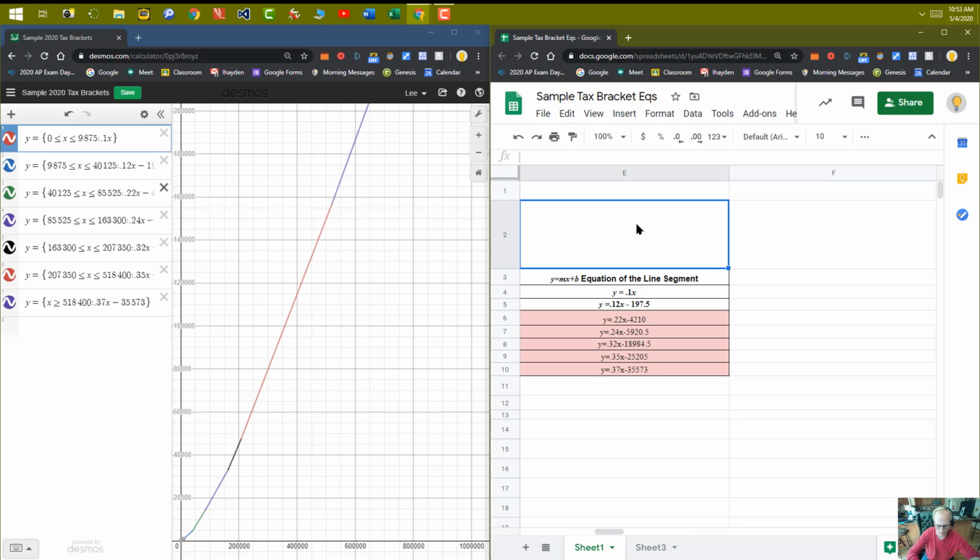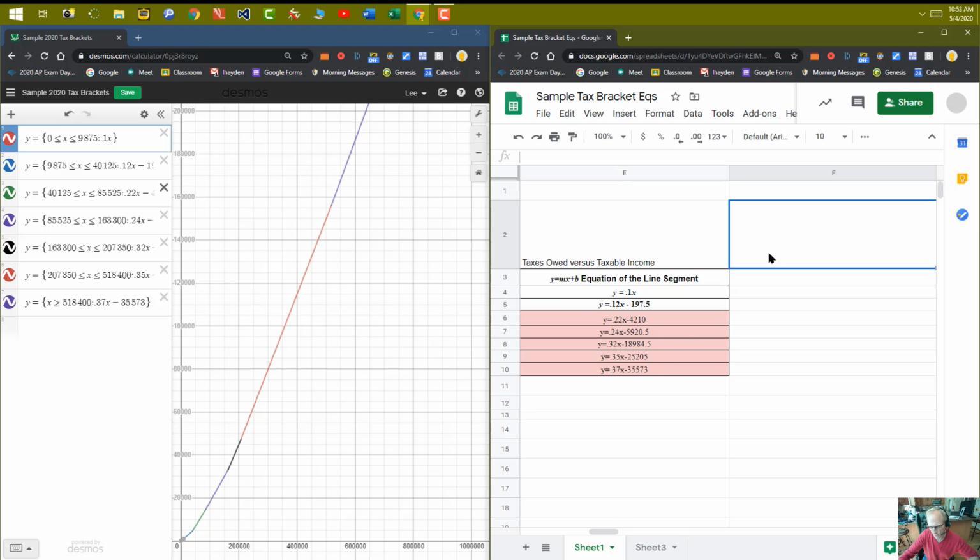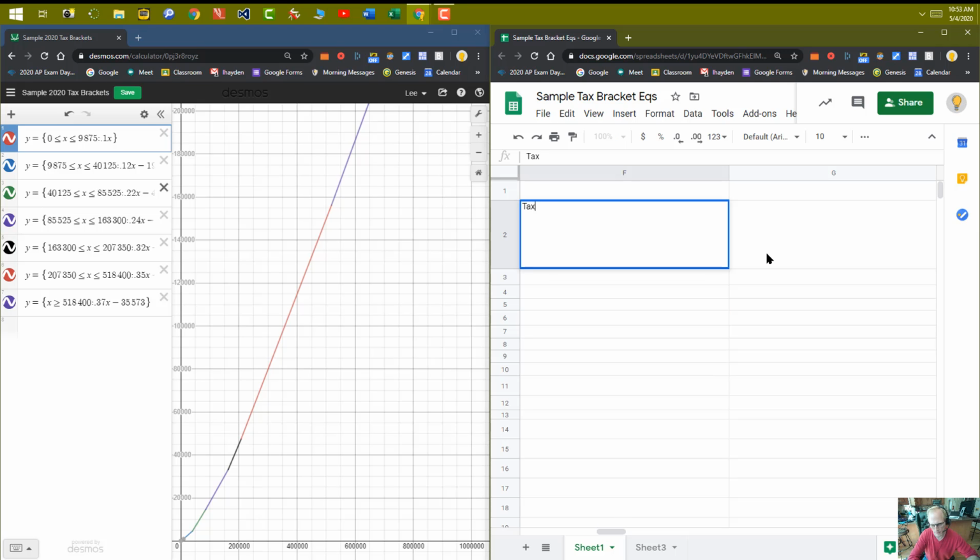This is taxes owed versus taxable income. What we want is taxes owed versus gross income, meaning the total amount of money that you make.